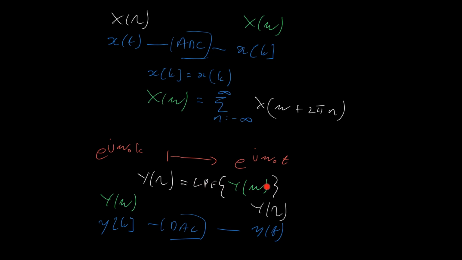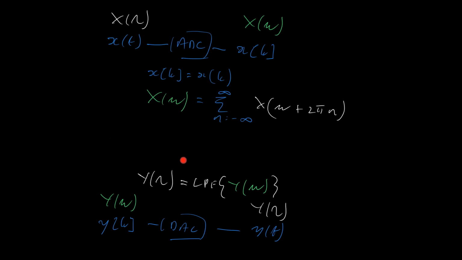The only reason we low-pass filter is because the discrete-time Fourier transform is periodic with period 2 pi, but we only care about the values between minus pi to pi, and our output signal needs to be band limited. Therefore, this is the correct thing to do.